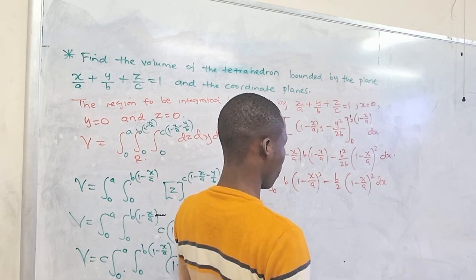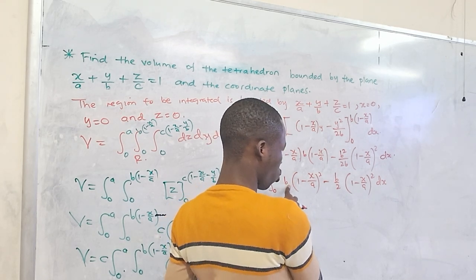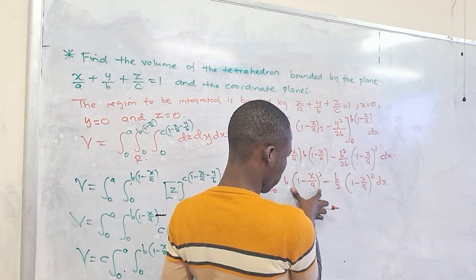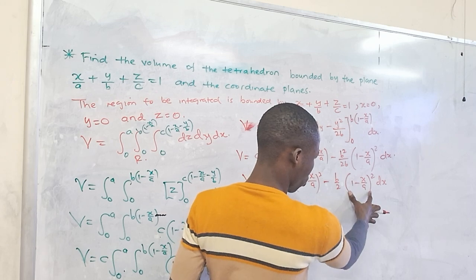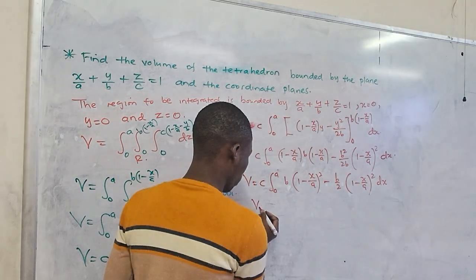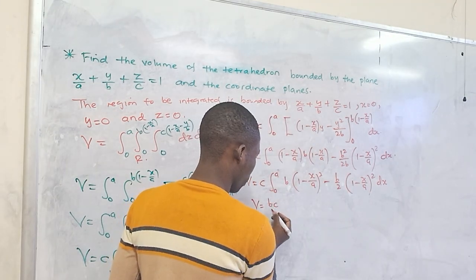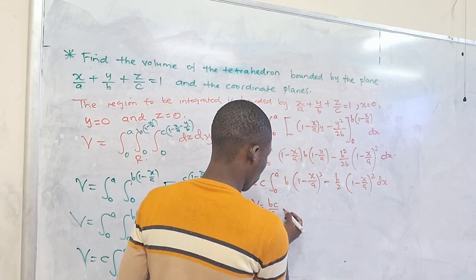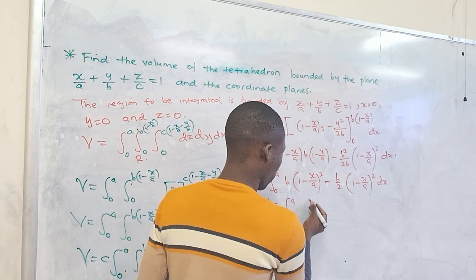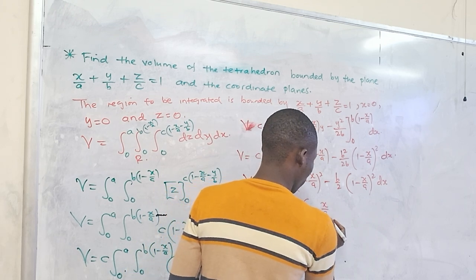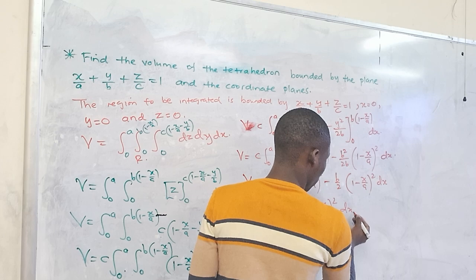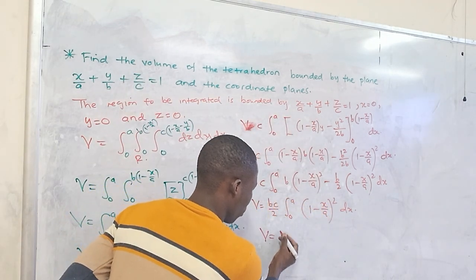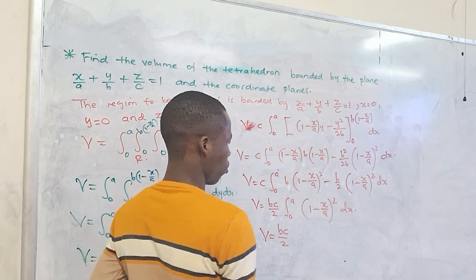If you factor out b by 2, you will remain with the 2 here and the 1 here, so it will be 2 into this bracket, subtract 1 into this bracket. So now V is equal to bc by 2, since I factored out b by 2. This is now the integral from 0 up to a of 1 minus x by a squared with respect to x.